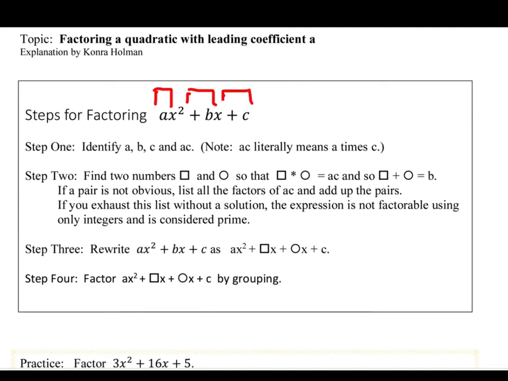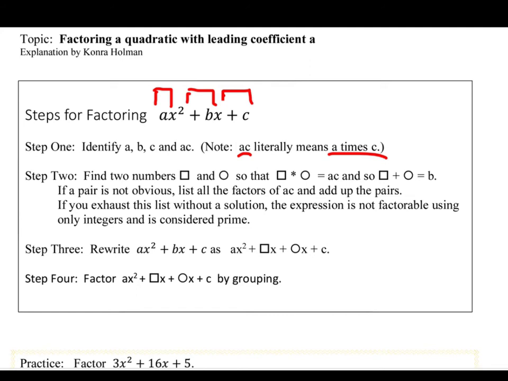So notice that I want to include the sign in front of it as part of that number. The 4th number that I want to observe at this point is I'm going to figure out what AC is. So AC literally means A times C. It's just our shorthand notation. So once you find A and once you find C, then you can multiply them together and you can find this new number that we call AC.